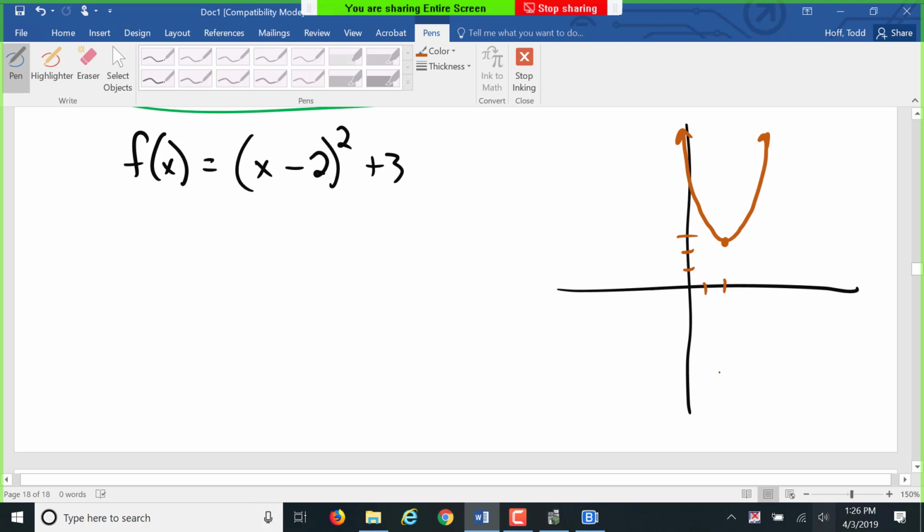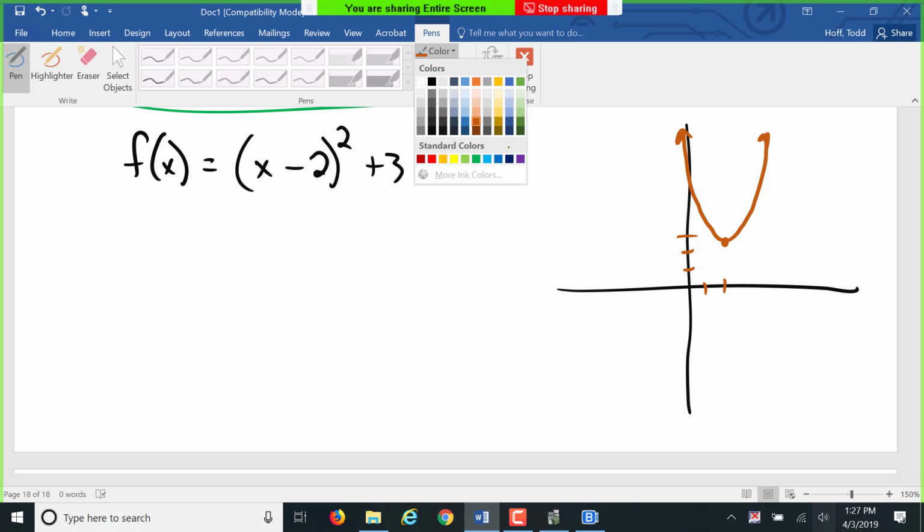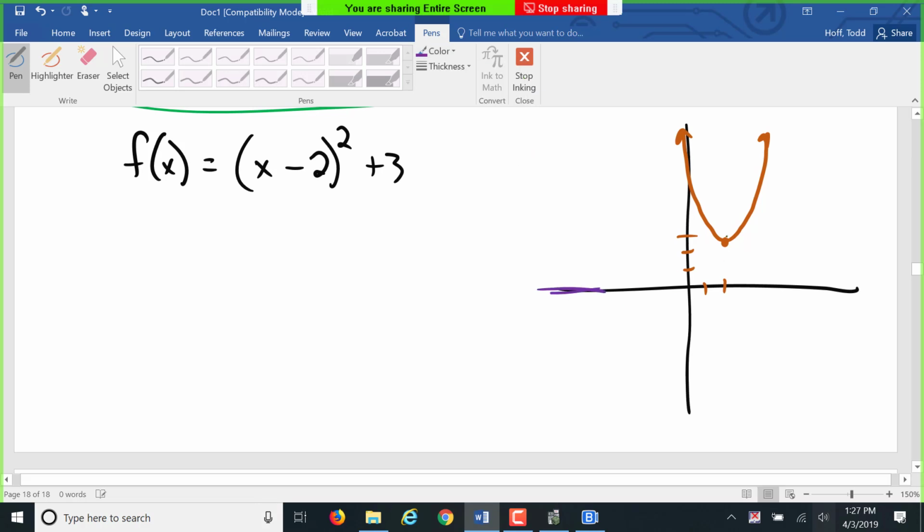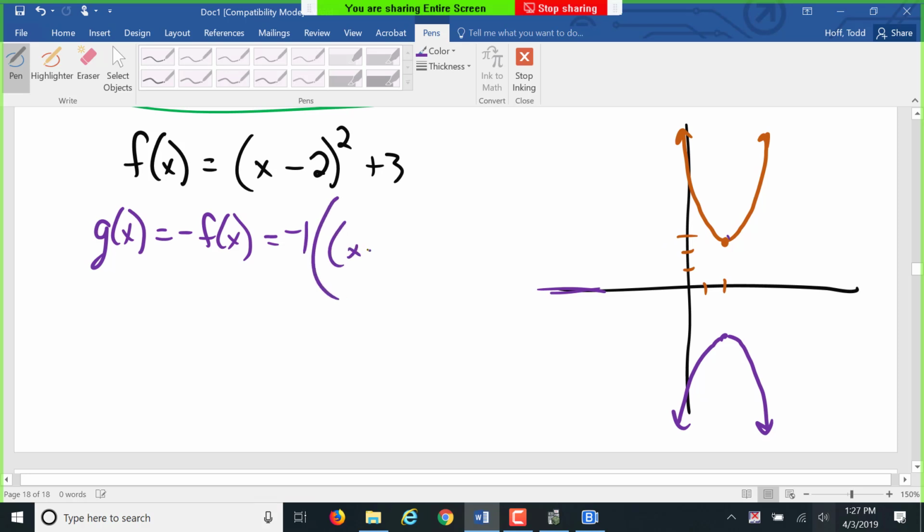If this is going to be reflected about the x-axis, right here, that vertex has to be down here, and it's going to have to open the other way. It's going to have to open upside down. So if g of x is that reflection, g of x equals negative f of x, which is negative 1 times this equation.